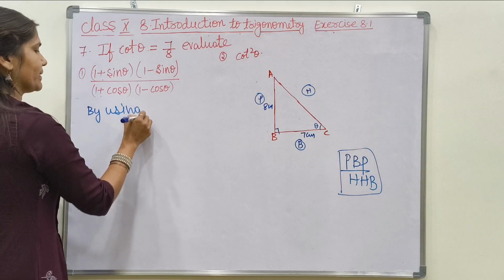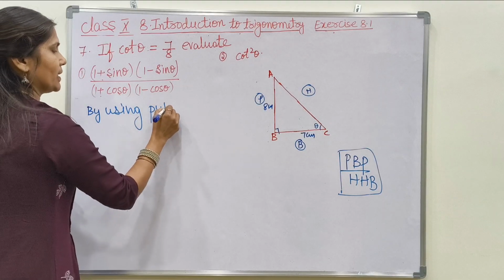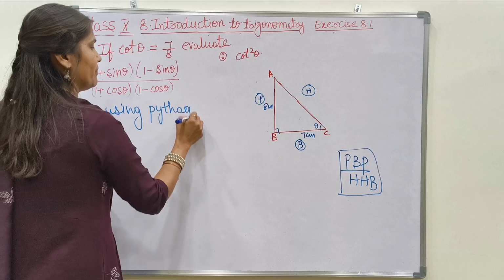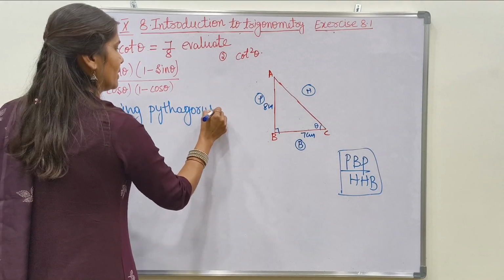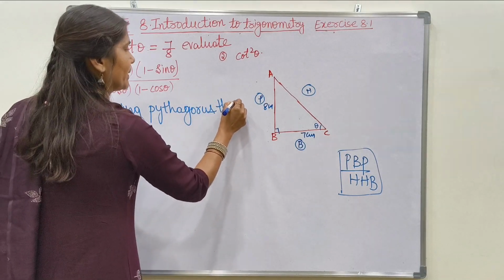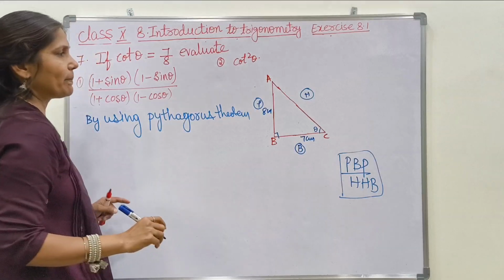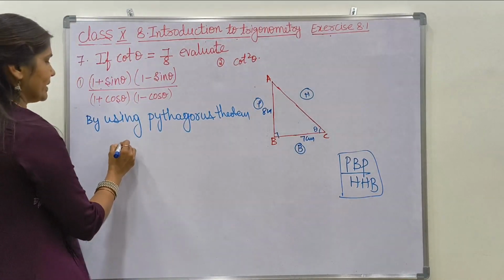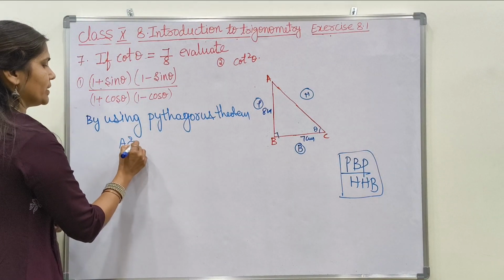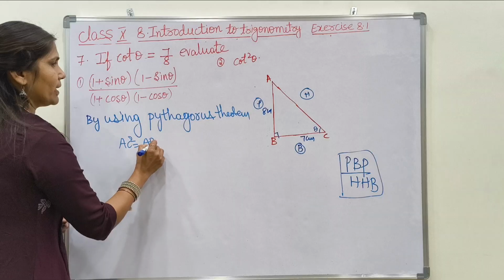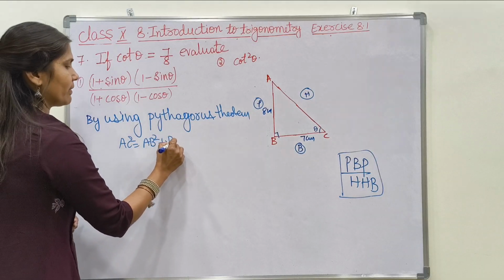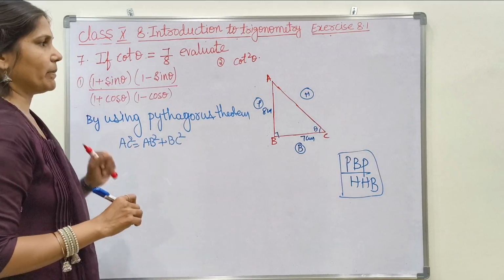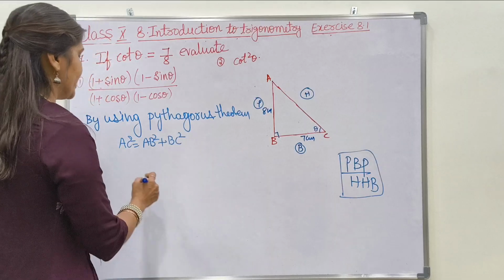By using Pythagoras theorem. See here, what is the Pythagoras theorem? AC square is equal to AB square plus BC square. AC we don't know.